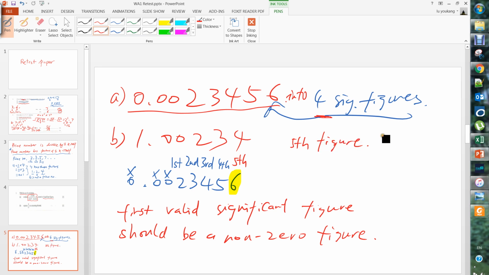If it's more than 4, I need to add 1 to the 4th figure.